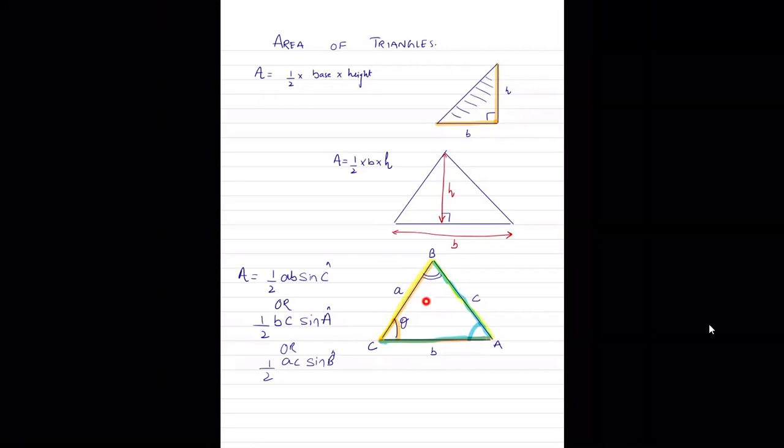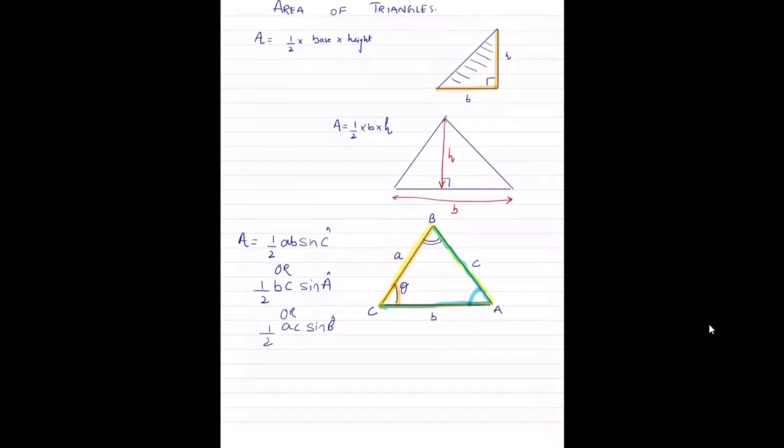The area is still going to be the same no matter what formula you use, because we are talking about the same triangle. So you just need to remember that in this case, two sides and the included angle are given. The angle should be between the two sides to find the area.